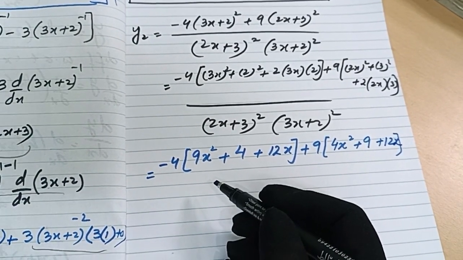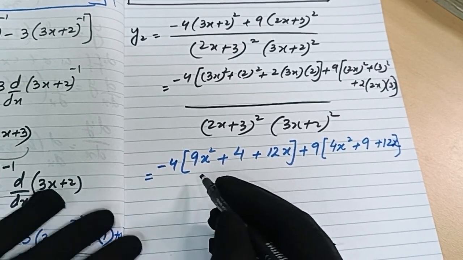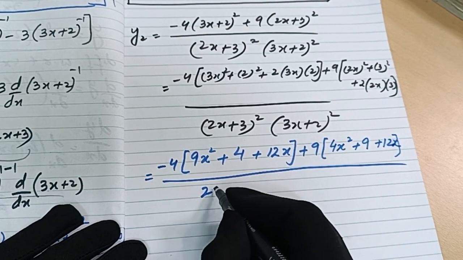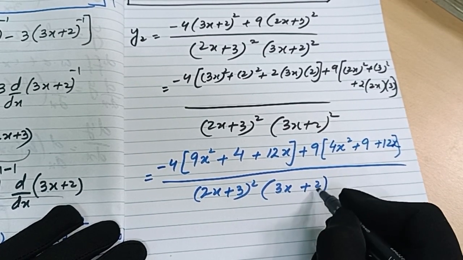Divided by the denominator, which stays as it is: (2x + 3) squared and (3x + 2) squared.